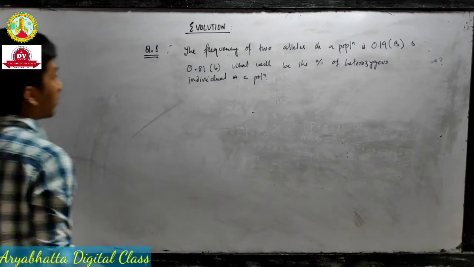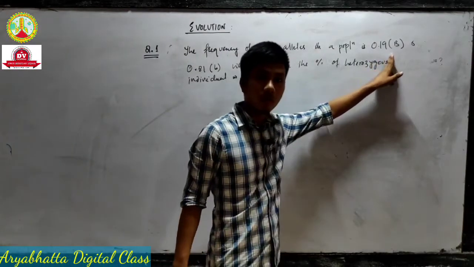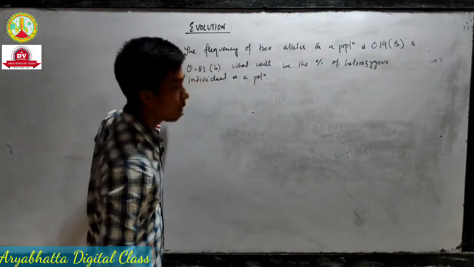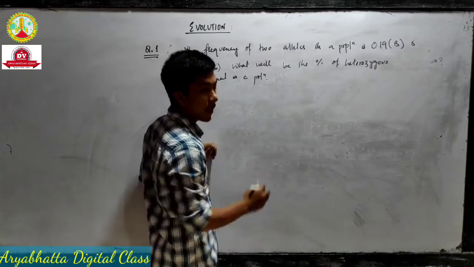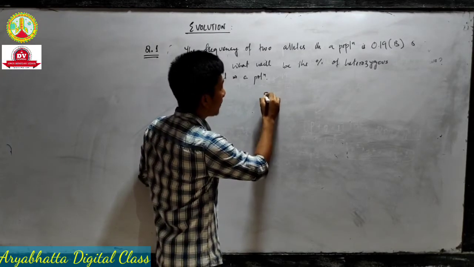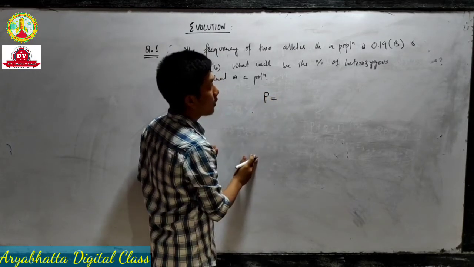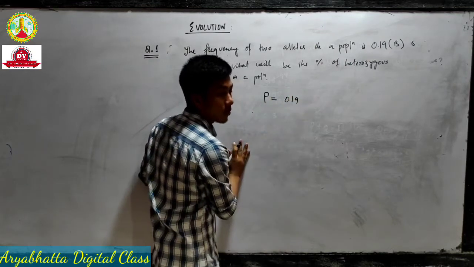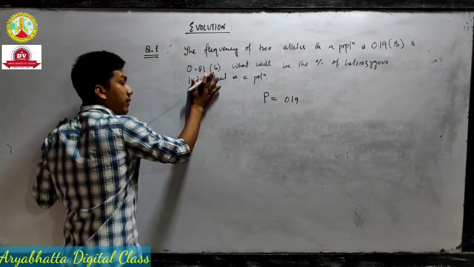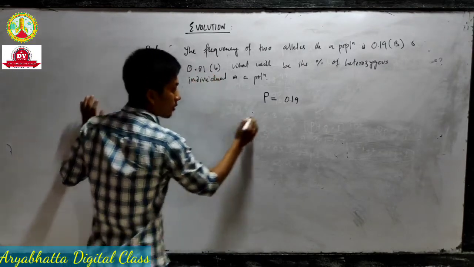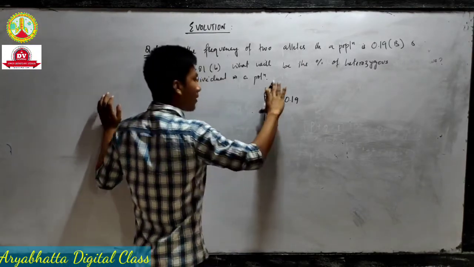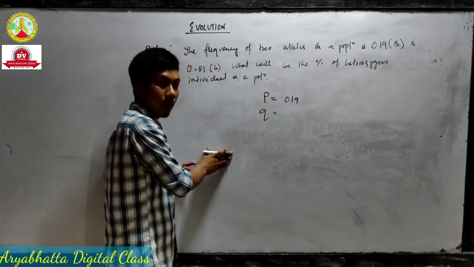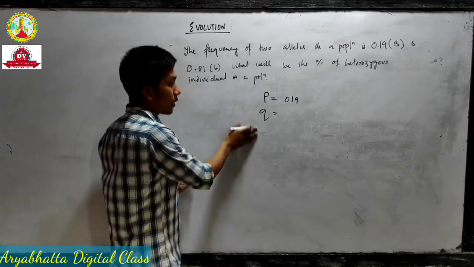It's very easy. See, capital B means dominant, small b means recessive here. So the dominant and recessive we write in the form of capital letter P. The P is given as 0.19. The recessive we just write as Q. It doesn't matter whether it is capital letter P or Q here, we just simply represent it.